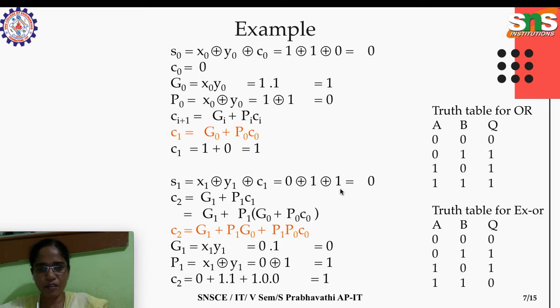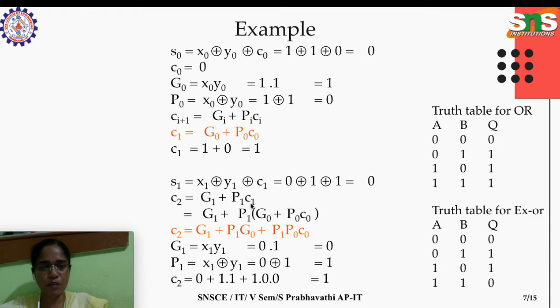Since in XOR we have an even number of ones, the result will be 0. The sum bit S1 is 0, and for C2, in this general equation we have to replace i with 1. So that's nothing but G1 plus P1 C1.